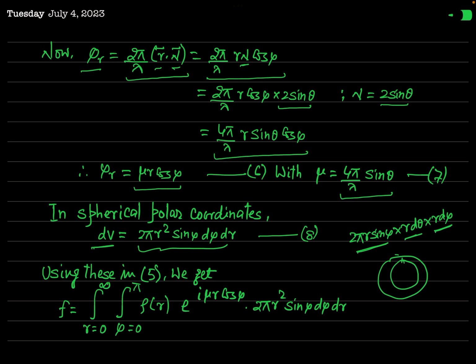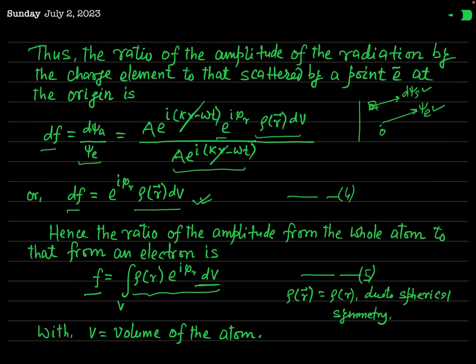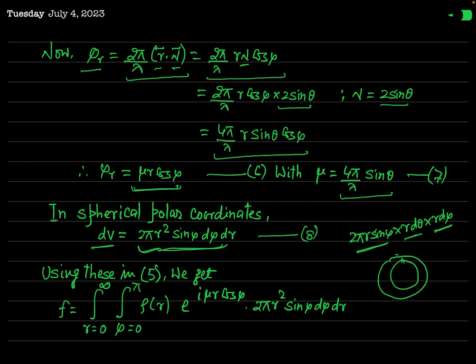You can watch that video. Now, substituting the value of phi r, which is mu r cos phi, and dV equal to 2 pi r square sine phi d phi dr, in this equation 5, let us put the appropriate limits to get the value of F.